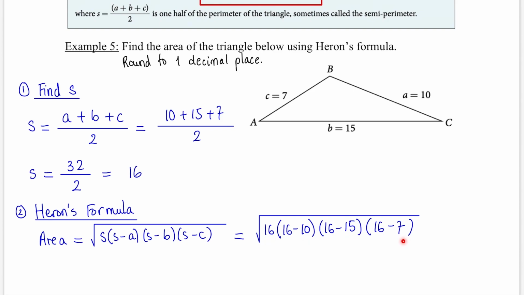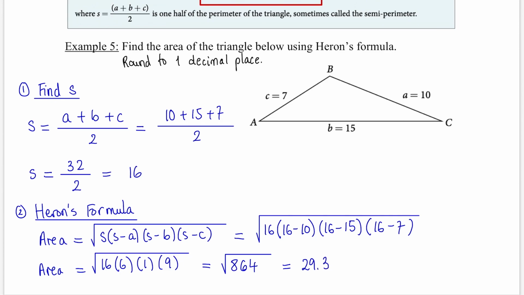So I have the square root of 16 times 6 times 1 times 9. And 16 times 6 times 1 times 9 is 864. So I will have the square root of 864.